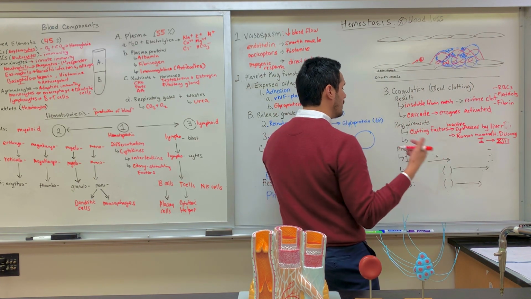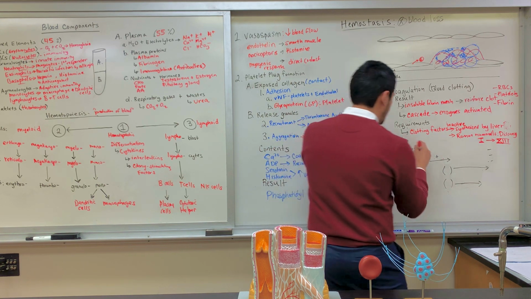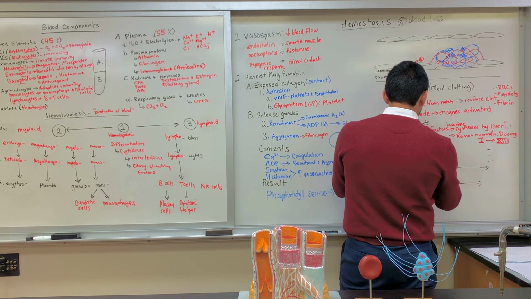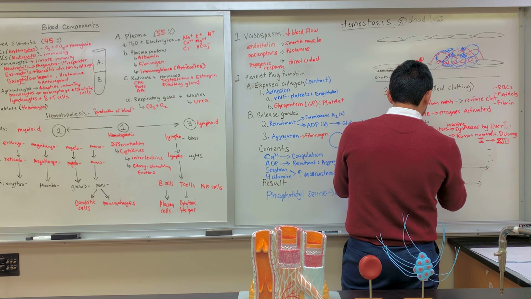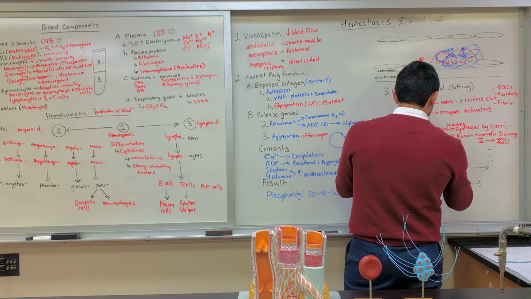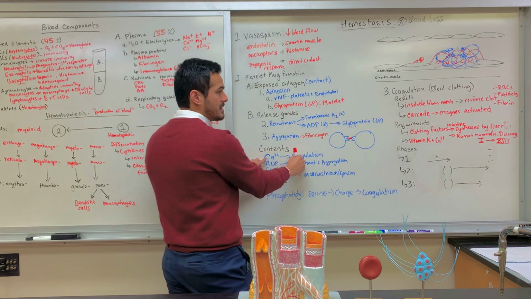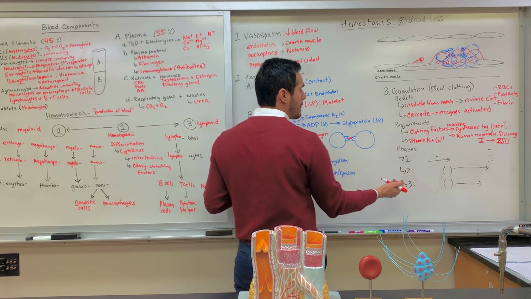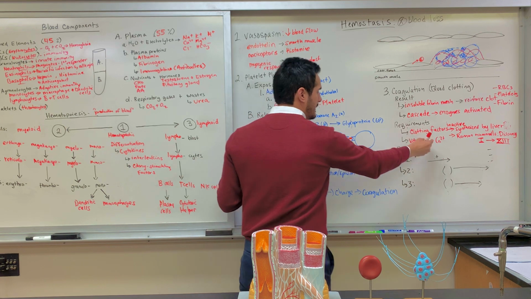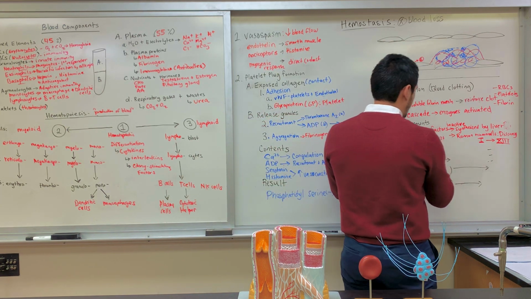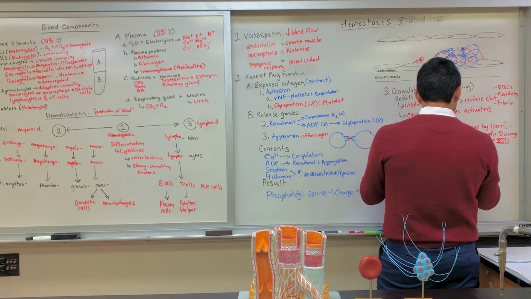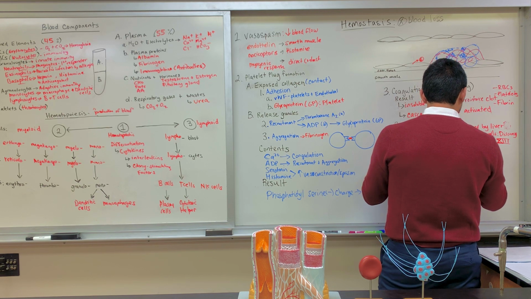Okay, so another one of the requirements is what's known as vitamin K. We also have discussed calcium, right? Calcium is important for the coagulation, and I'm going to explain that a little bit more over here. So you have vitamin K, the calcium, and then also phosphatidylserine.